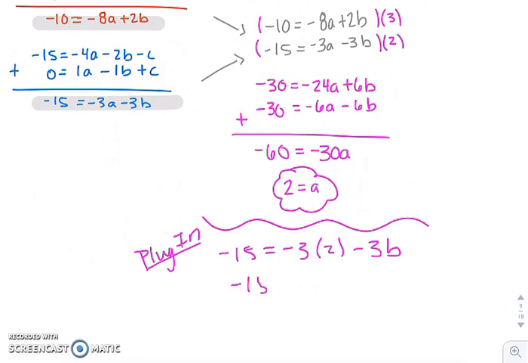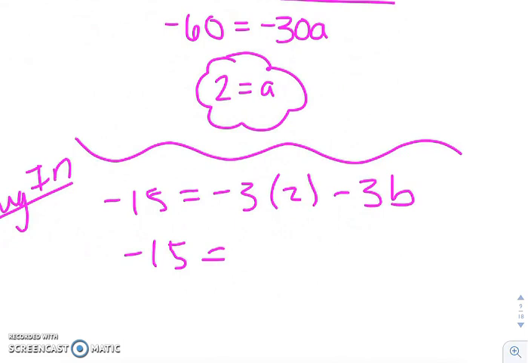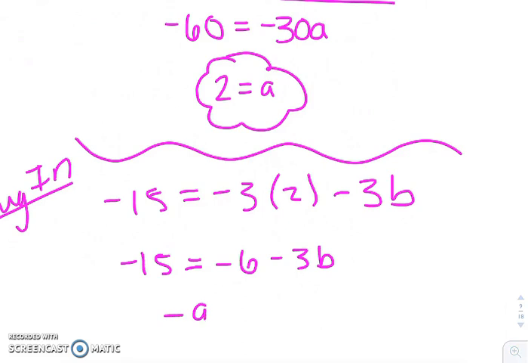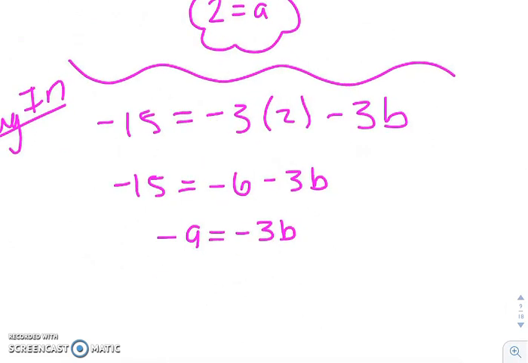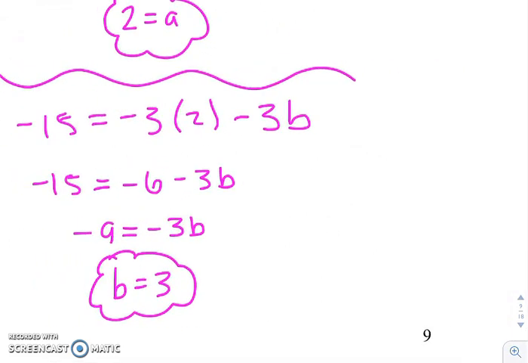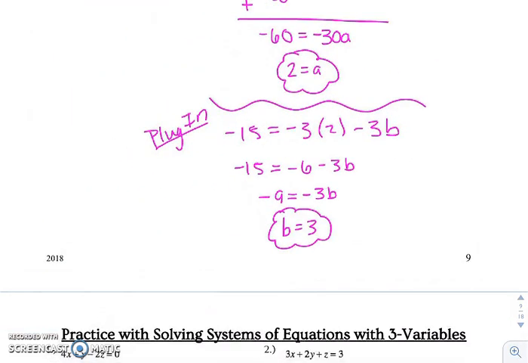So negative 15 equals, this is really sloppy, equals negative 6 minus 3b. So you guys would add that 6 over, get negative 9 equals negative 3b. And when you guys divide it by negative 3, b will be 3. And then plug in one last time.